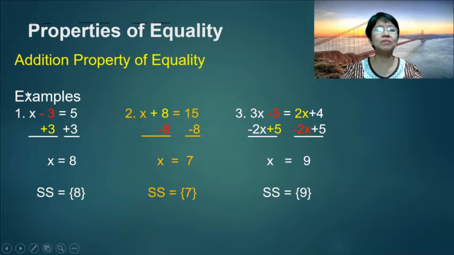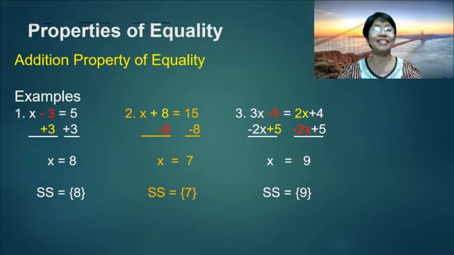Now let's go to some more exercises. We can do this mentally, but I'm just showing you the application of addition property of equality. So number 1, x minus 3 is equal to 5.